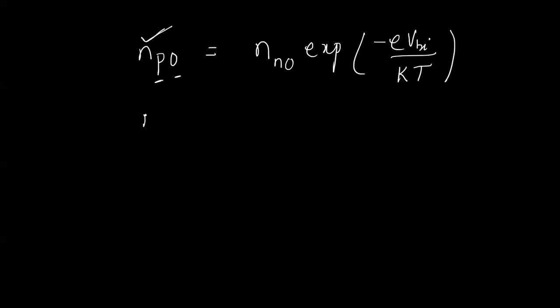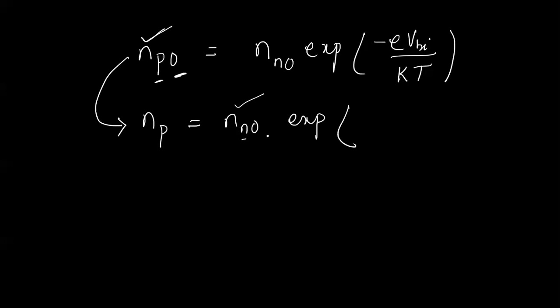Now if I write the electron concentration in the p region, I will not write the zero subscript, because zero was written for thermal equilibrium. This can be written as nn0 as it is, the majority carrier electron concentration in the n region. And what is the changed value? np0 became np because of the change in the potential barrier, and that change is because of the applied forward bias voltage VA.